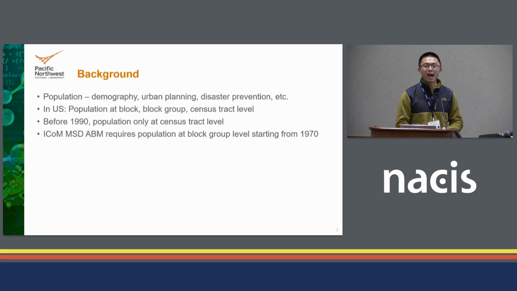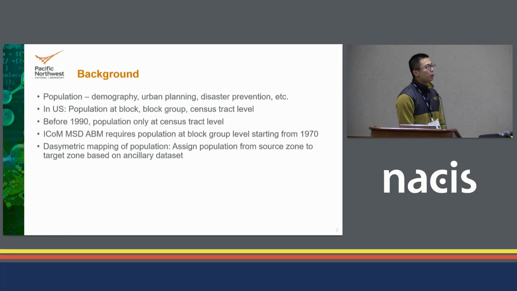We are using agent-based modeling to model the population dynamics as well as the housing price dynamics under future climate change. This modeling requires us to use population data input at the block group level starting from the year 1970, which does not exist dating back to that year.